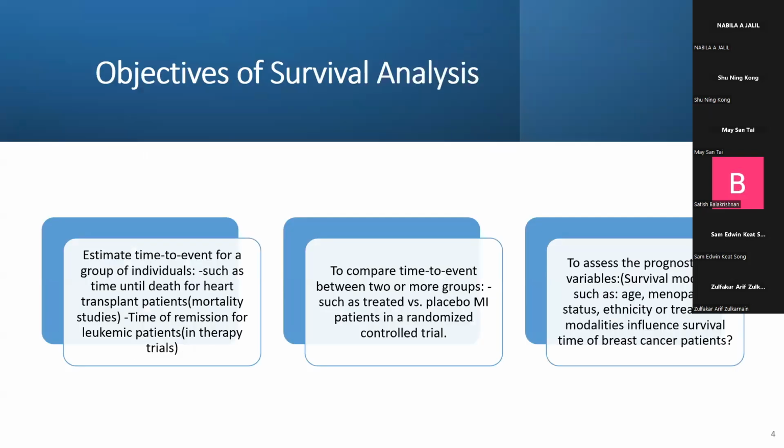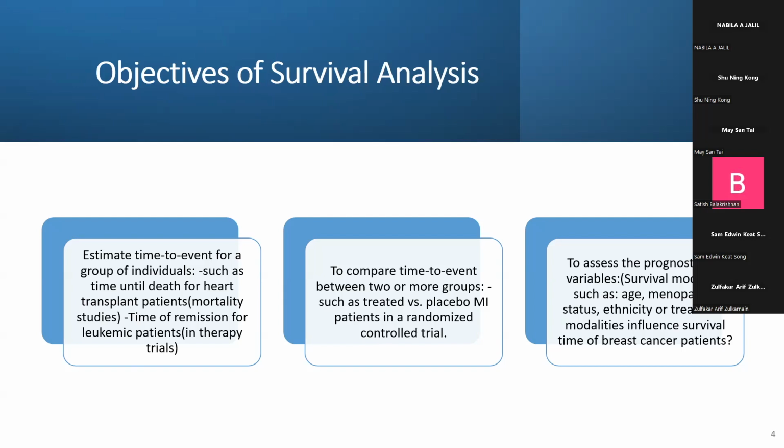The objective of doing survival analysis in your research project is to estimate time to event for a group or for two groups of patients, or two groups of subjects. Let's say we are talking about heart transplant, how long they can survive, or the time from disease remission until they develop the problem.